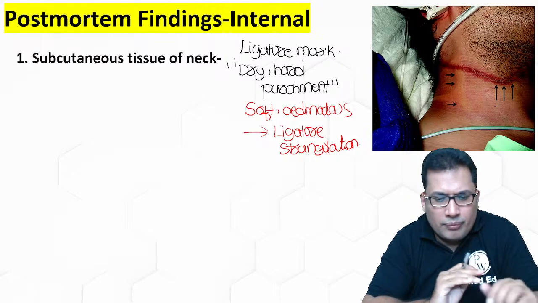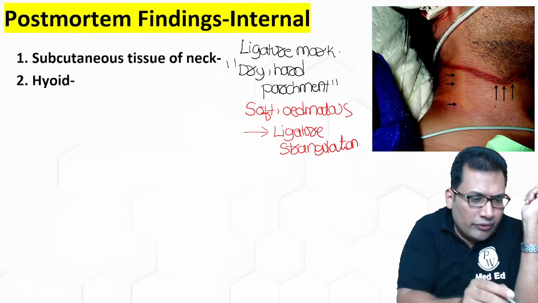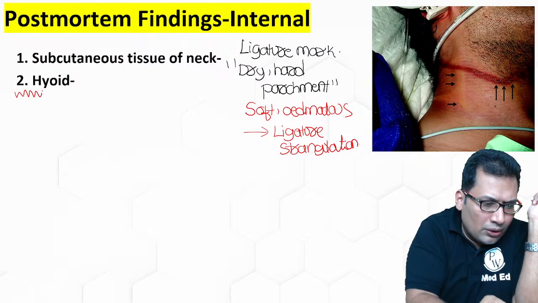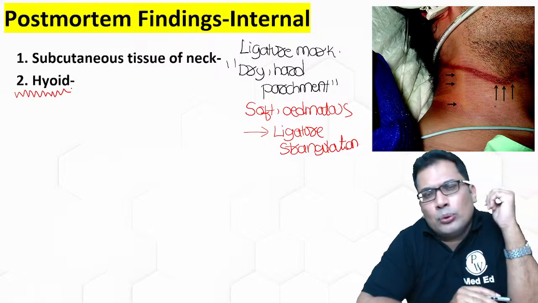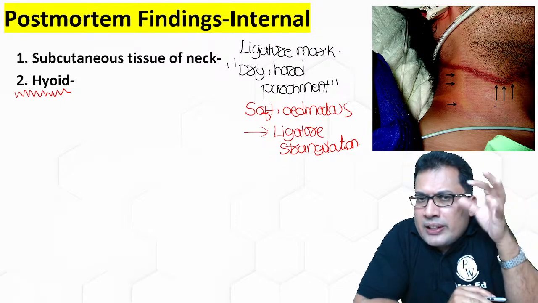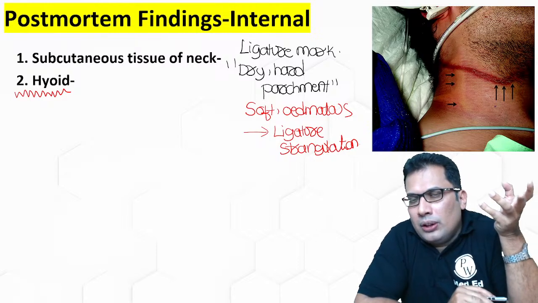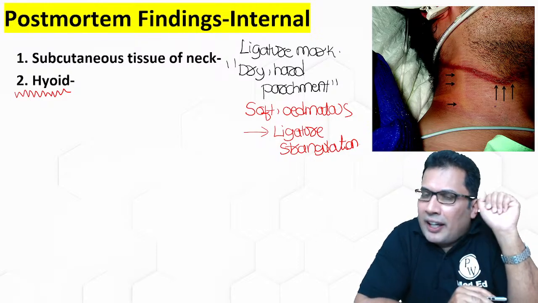And the hyoid bone. When you see the hyoid bone, there will be a fracture of the hyoid bone. In ligature strangulation also there is a fracture of the hyoid bone. In throttling also there is a fracture of the hyoid bone. In hanging also there is a fracture of the hyoid bone.